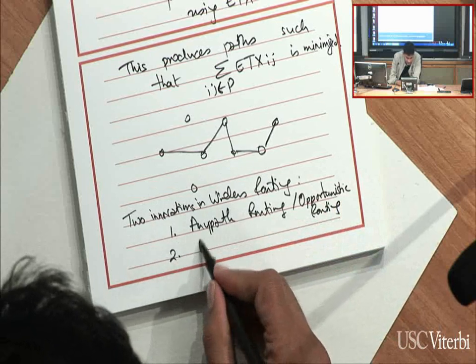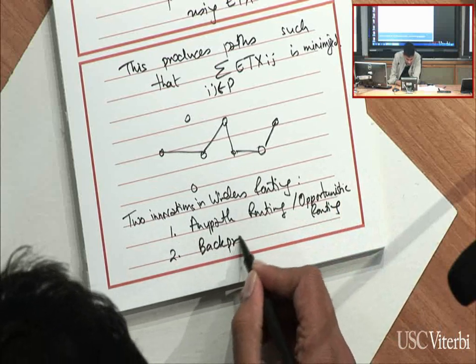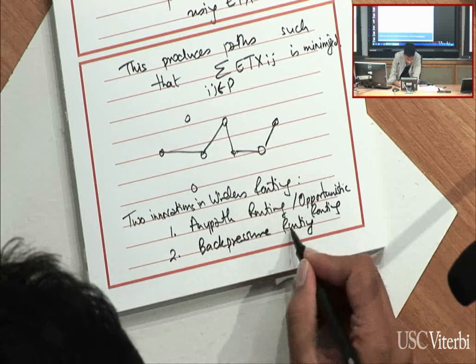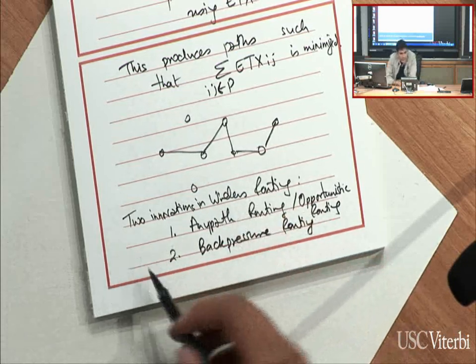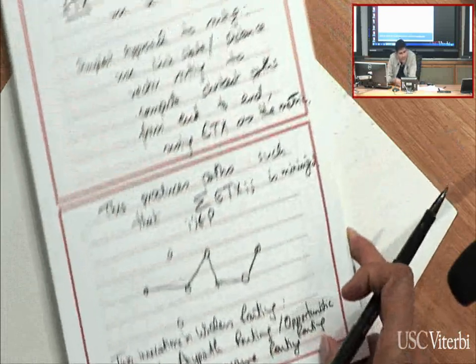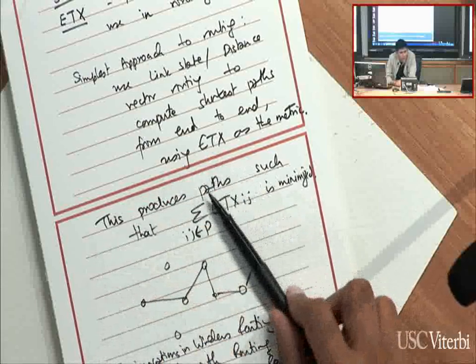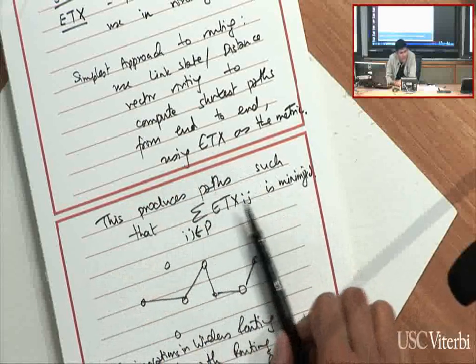And the second innovation is the use of something called back pressure. And what these two innovations do is, in some sense, they try to address different aspects of how one might improve over the shortest ETX routing.